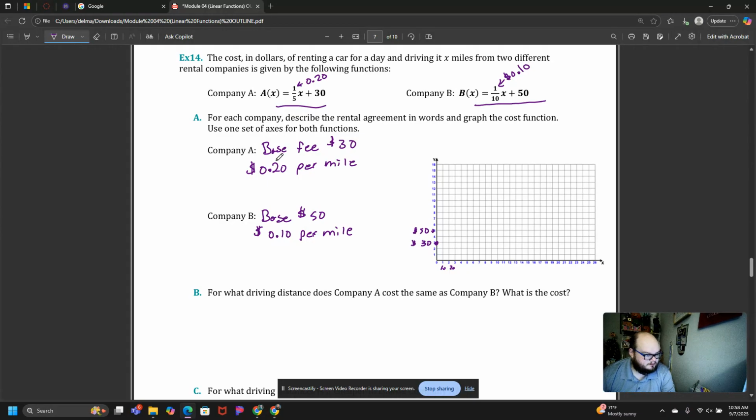would take me, so 30, so we got 30 plus 20 cents per mile. Okay, so let's just do it this way. I said each of these were $10. $10 divided by 0.20 is 50.